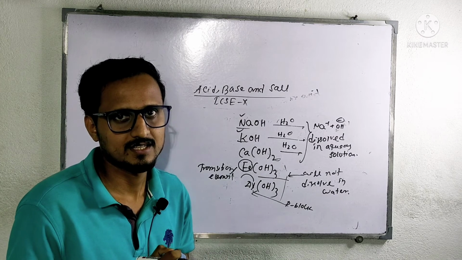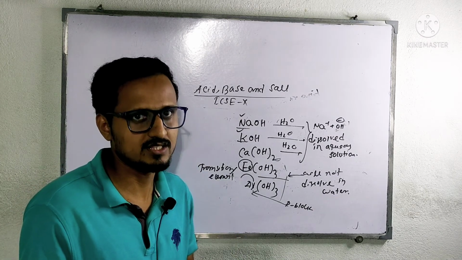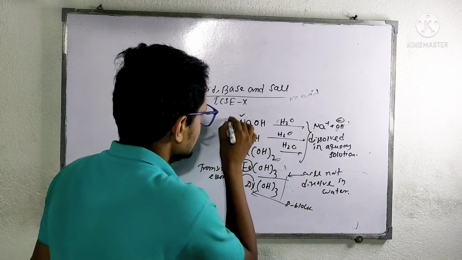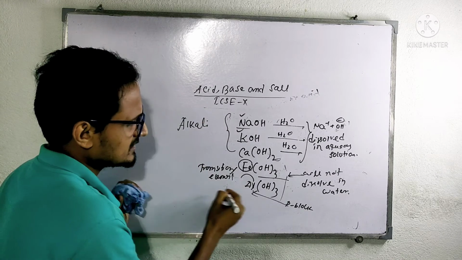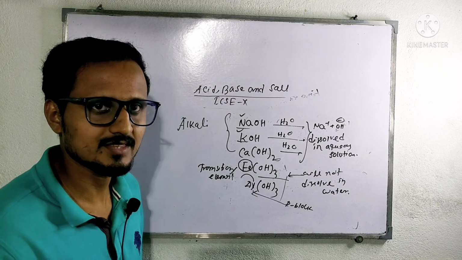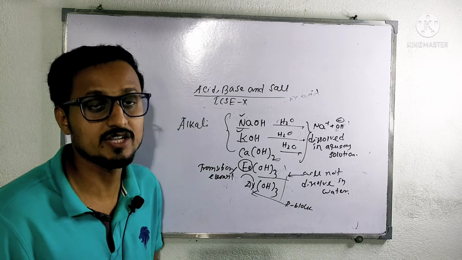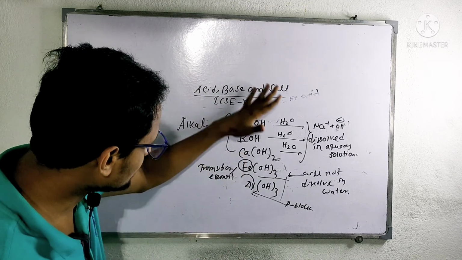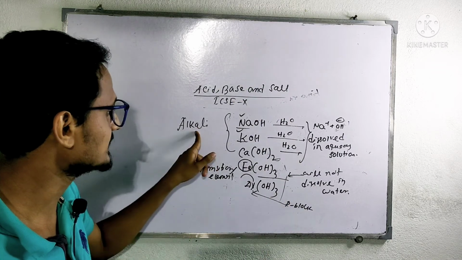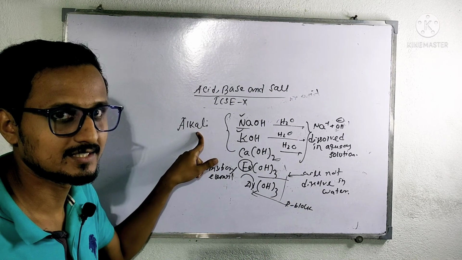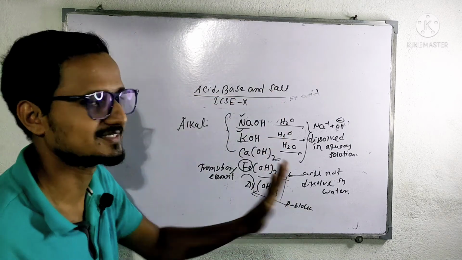So though these all are bases, some differences exist between these 3 bases and these 2 bases. The bases which are completely dissolved in aqueous solution are called alkalis. These 3 are called alkalis, and these 2, ferric hydroxide and aluminium hydroxide, are normal bases. So all the bases are not alkali, but all alkalis are bases.